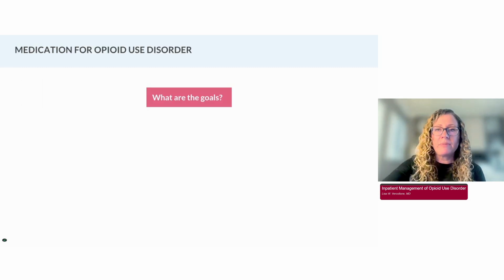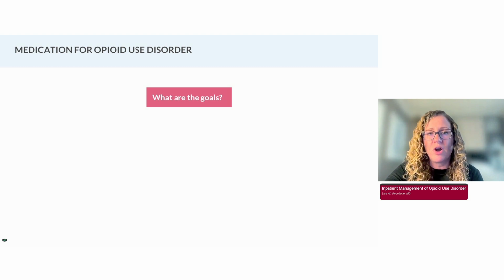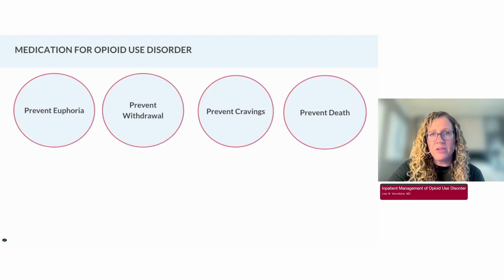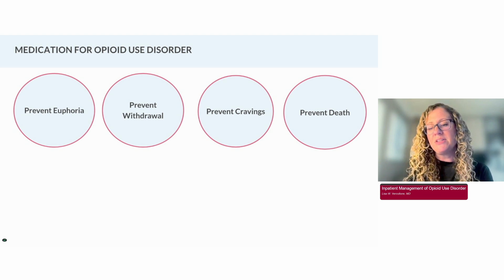Okay, so when we're talking about starting medication for opioid use disorder, what are our goals? Our goals are not quote unquote detoxification. Our goal is really to prevent euphoria, prevent withdrawal, prevent cravings, and prevent death. We know that if we take a patient and taper them off of opioids, and they're completely off any opioids, the chances that they're going to remain abstinent are very, very little.